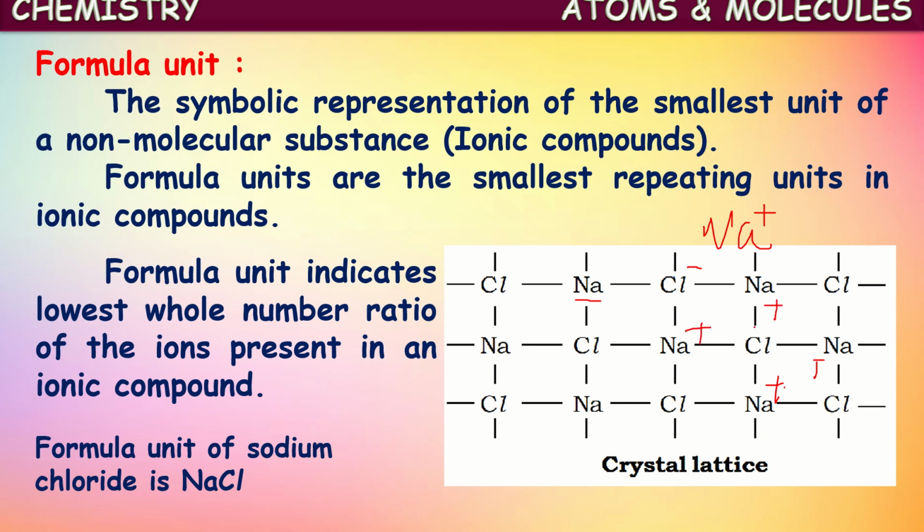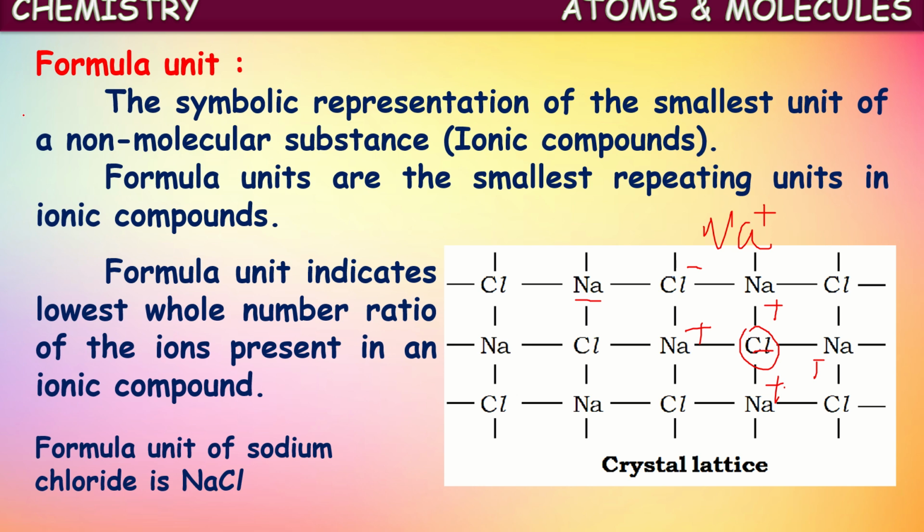Why? Because throughout the mass, this chlorine is carrying what charge? Negative charge. It is ready to attract oppositely charged sodium atoms from all the directions. In such cases, they give rise to a structure that is called a crystal lattice. This crystal lattice is generally for ionic compounds.